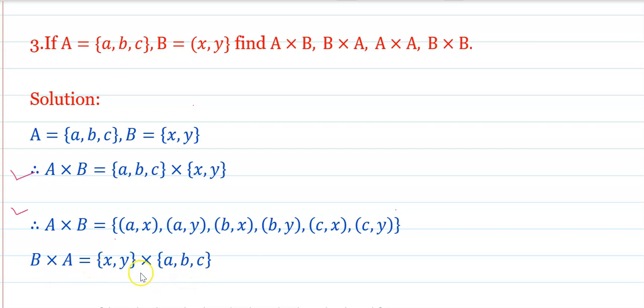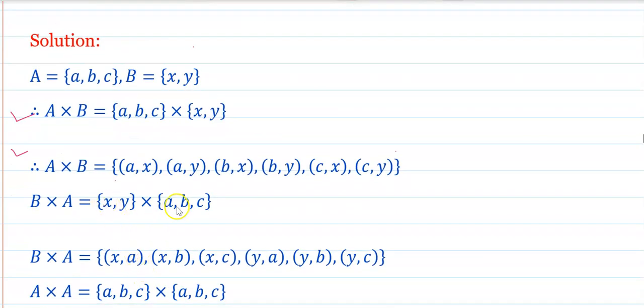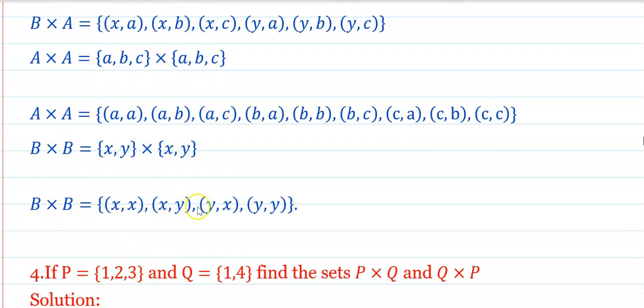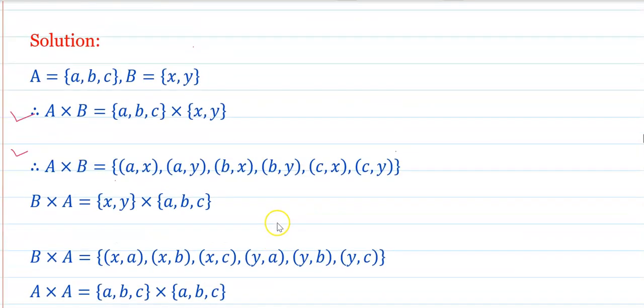Then you will get xa, xb, xc, then ya, yb, yc. A cross A, {a, b, c} cross {a, b, c}: aa, ab, ac. Then ba, bb, bc. Next is ca, cb and cc, in this way. B cross B, that is {x, y} cross {x, y}. Then you will get xx, xy, yx, yy in this way. Okay, all are easy.